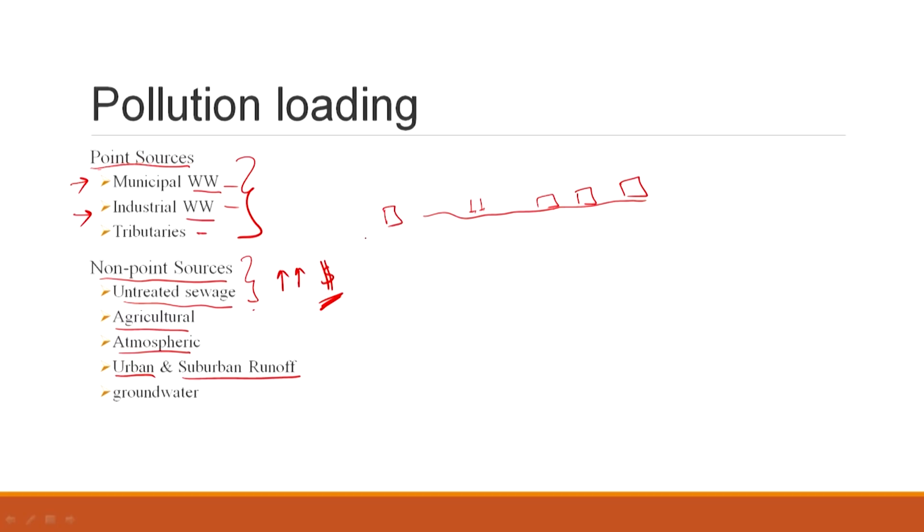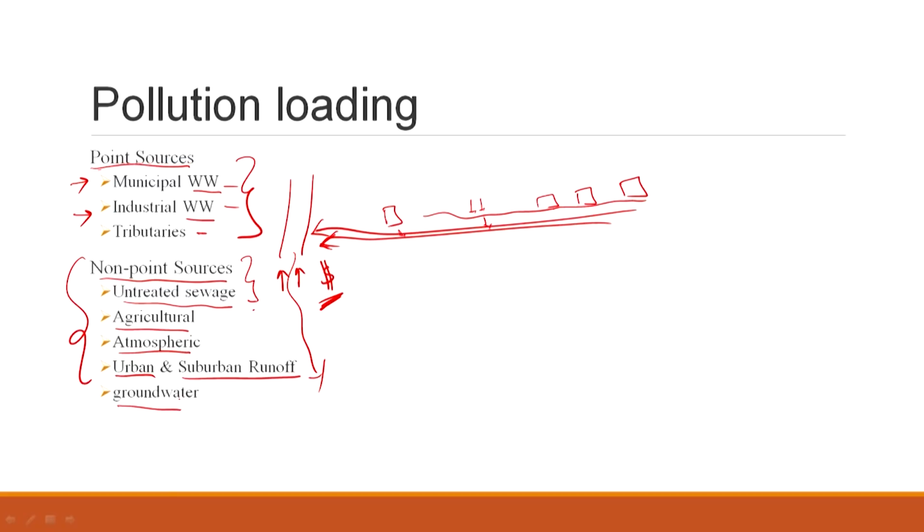Do they have access to piped wastewater or a sewerage network? No, they dump all their waste on the ground. And here is the Ganga canal, and whenever it rains, all this pollution is going to reach the Ganga canal and be transported downstream to other people. These are the issues that we have. Non-point source groundwater pollution is not of great importance now.